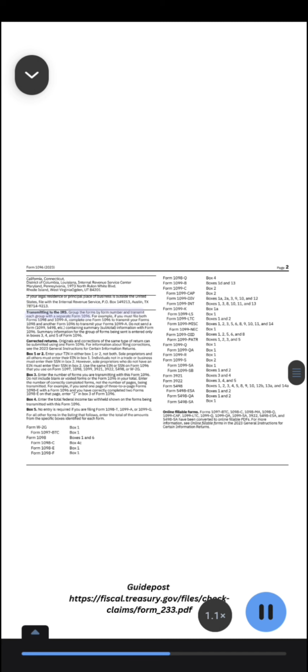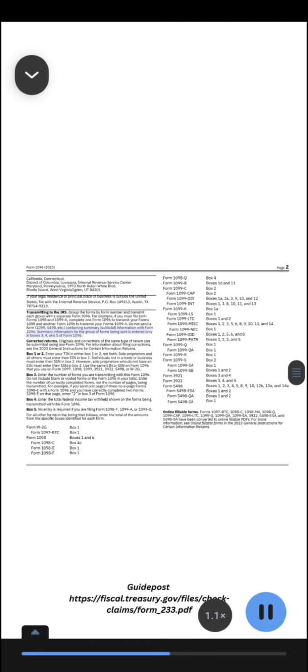Transmitting to the IRS. Group the forms by form number and transmit each group with a separate Form 1096. For example, if you must file both Forms 1098 and 1099-A, complete one Form 1096 to transmit your Forms 1098 and another Form 1096 to transmit your Forms 1099-A. Do not send a Form 1099, 5498, etc. containing summary, subtotal information with Form 1096.